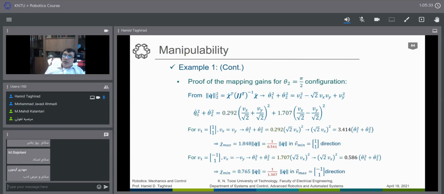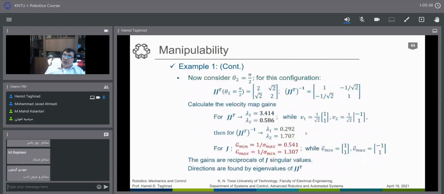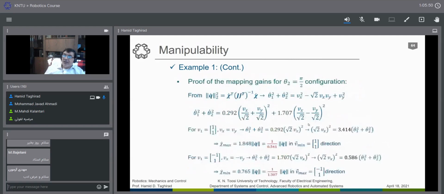Theta dot 1 plus theta 2 becomes something like that, which is square root of Vx2. We have this relation just by multiplication. As you see, 2.9 now gives you 3.4 as we had before in here.